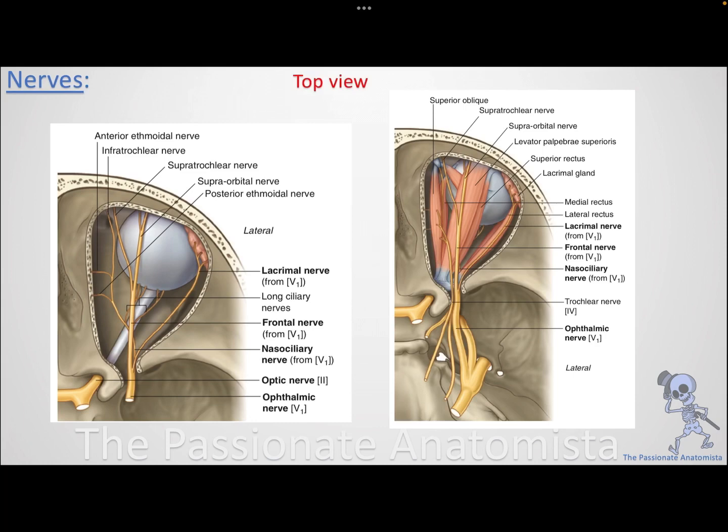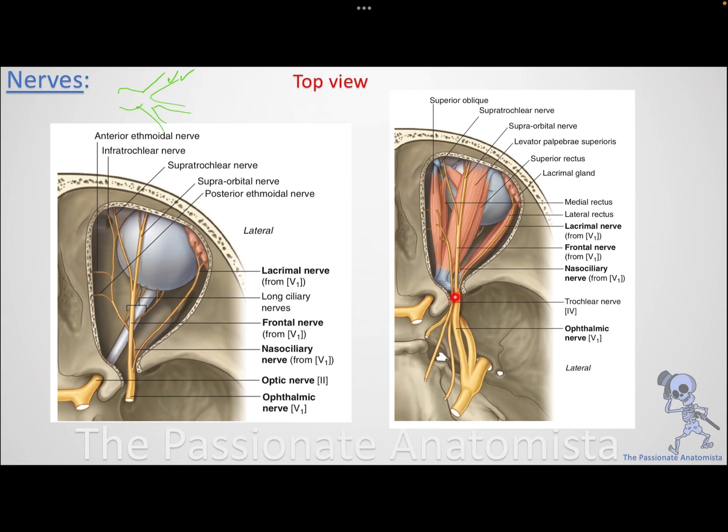And now I want to talk about the other nerves. Remember the trigeminal, we had the ophthalmic, the maxillary and mandibular. Ophthalmic is what concerns me here because this is the eye. So this is a sensory nerve. If I have a practical exam, I need to understand what the nerves are.